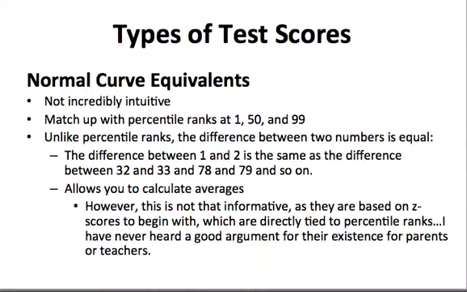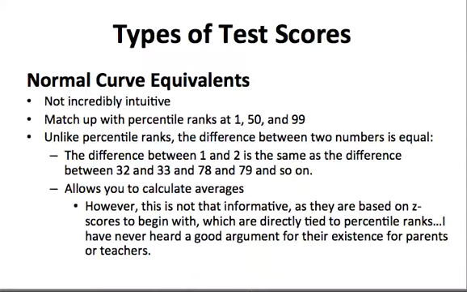And even though one of the big things they say is that it gives you kind of an equal interval between different values. So in other words, the difference between a score of 1 and 2 is the same as the difference between 32 and 33, where when we're talking about percentile ranks, that doesn't always hold.